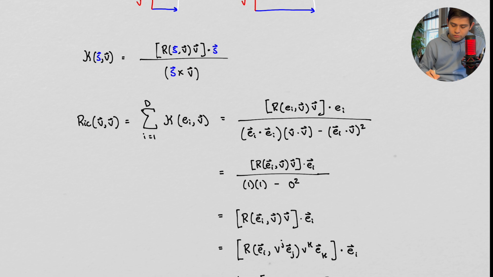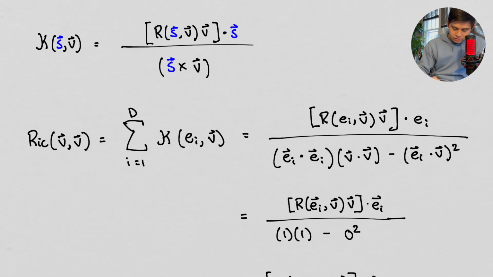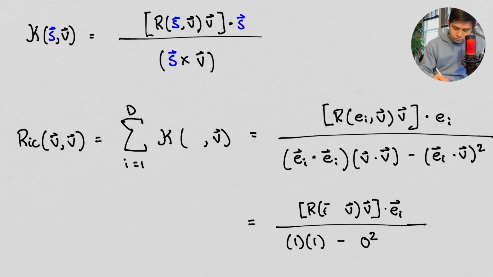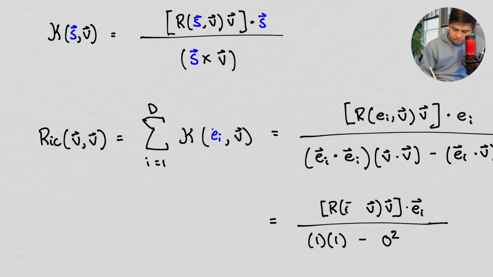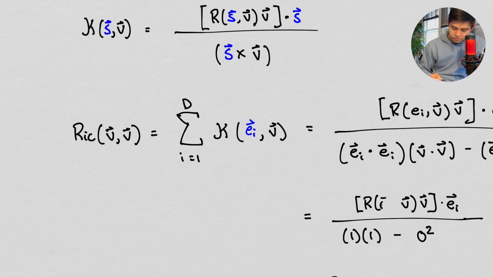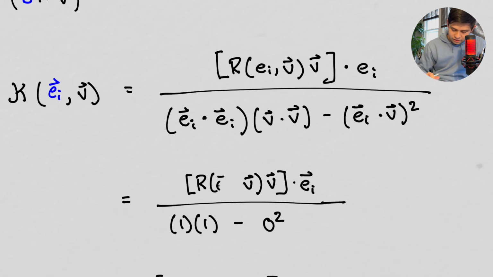So when we flesh this out, we actually get this. What I'll do here is make this blue. We're identifying S in this case as e^i. That's the separation vector. It's the basis vector now. So we identify that. I'll make these blue.